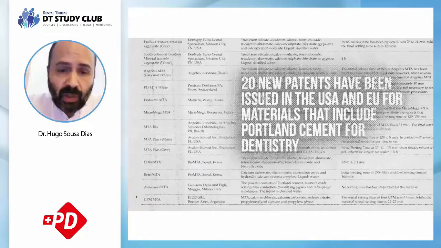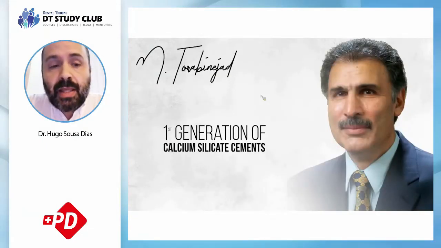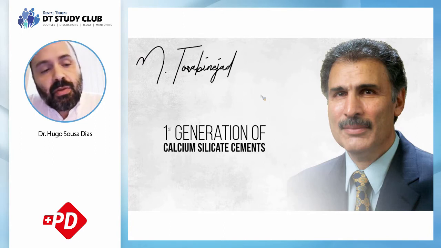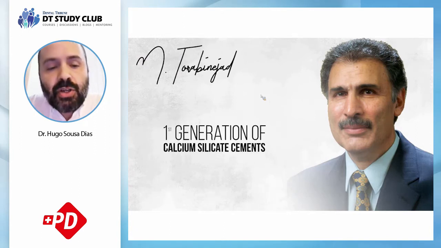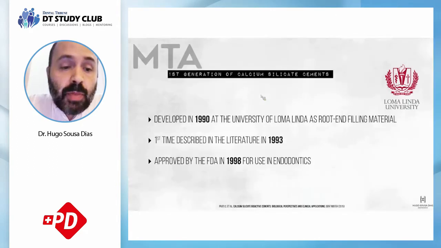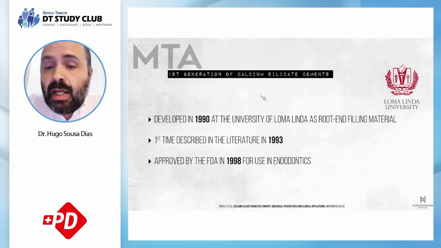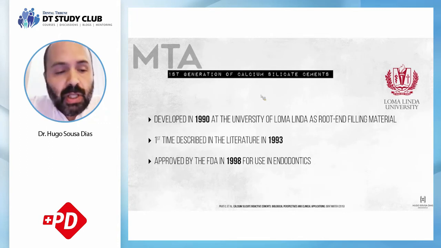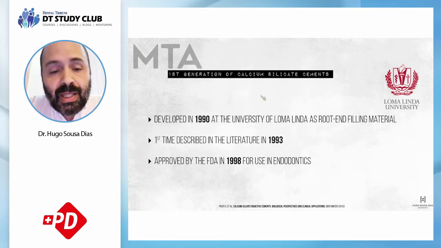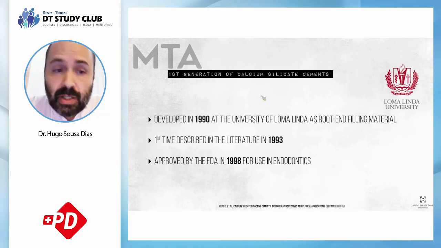Thanks to Dr. Mohamed Torabinejad, who was responsible for the development of the first generation of calcium silicate cements. He developed it in 1990 at Loma Linda University as a root-end filling material; it was first described in the literature in 1993, and was approved by the FDA for use in endodontics in 1998.